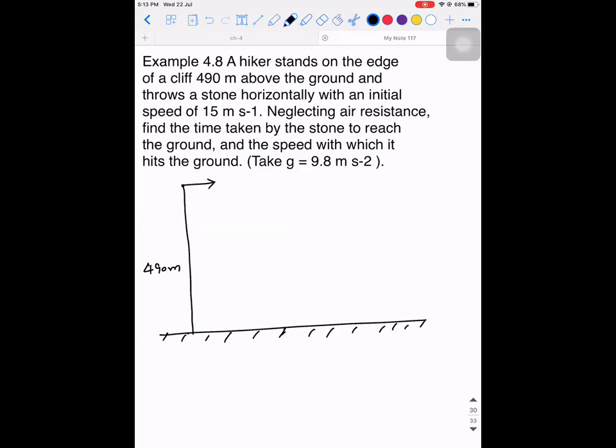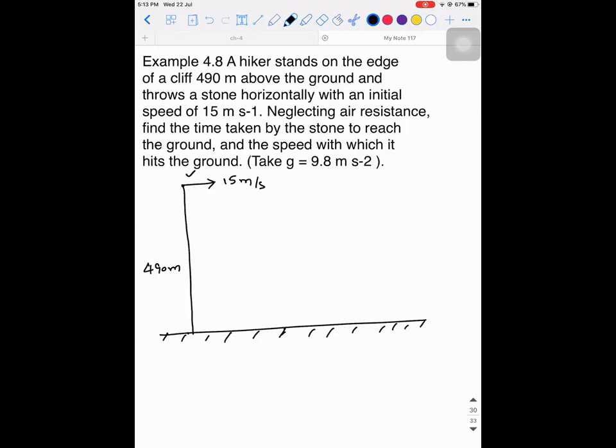When he's throwing like this with the speed of 15 meters per second, what is the angle it is making with respect to the x-axis? It's a very simple question I asked. What is the angle between this velocity vector and the x-axis?